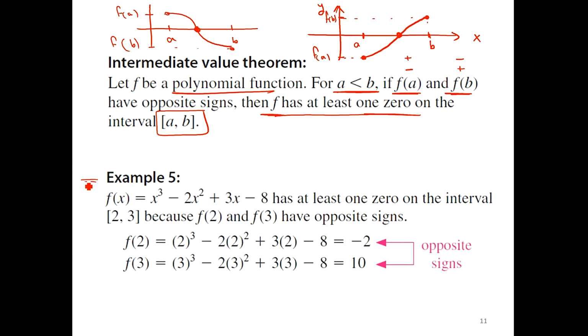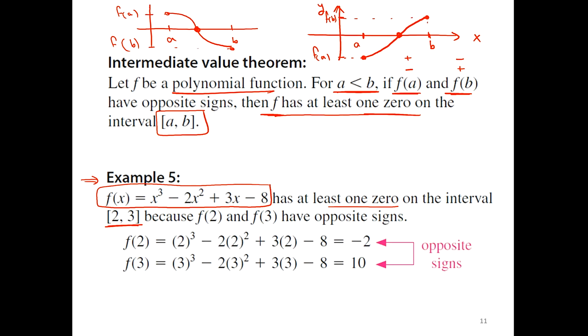Look at example 5. This is the polynomial. We need to verify it has at least 1 zero on the interval between 2 and 3. Now substitute 2 in f of x and substitute 3 in f of x.